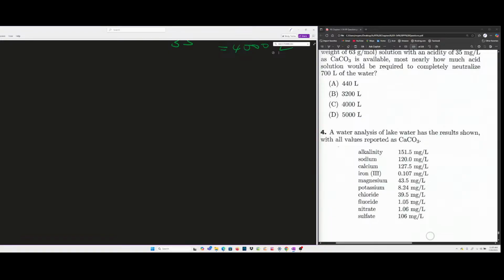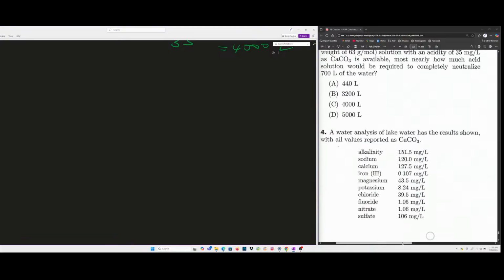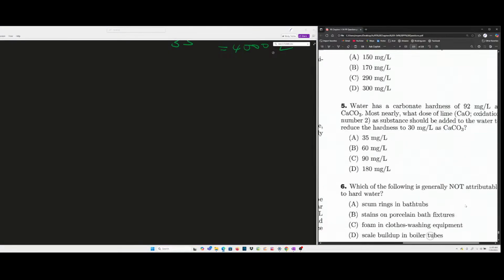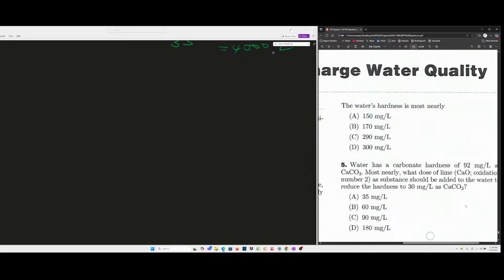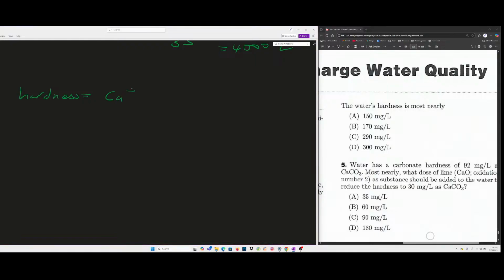So we say water analysis of lake water has the result of this, with values reported. So what do they want us to find? They say, what is the hardness? If we're looking for the hardness of water, it normally is the result of calcium ions, iron ions, and magnesium ions.